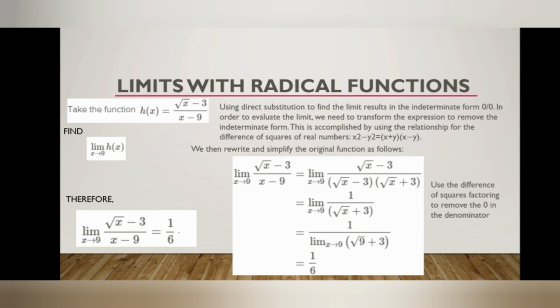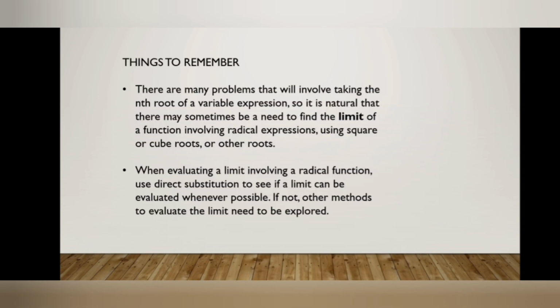After which, we will use the cancellation method, and it will give us 1 over square root of x plus 3. And when simplified, this becomes 1 over the limit as x approaches 9 of square root of 9 plus 3. Then it becomes 1 over 6. Therefore, the limit as x approaches 9 of square root of x minus 3 over x minus 9 is equal to 1 over 6.